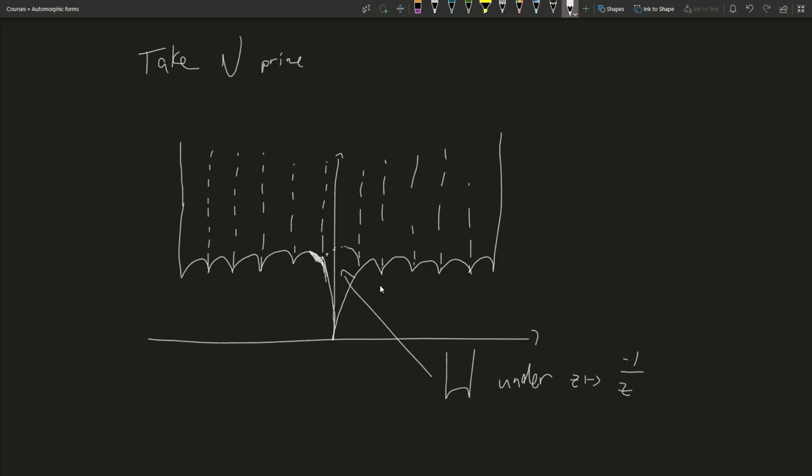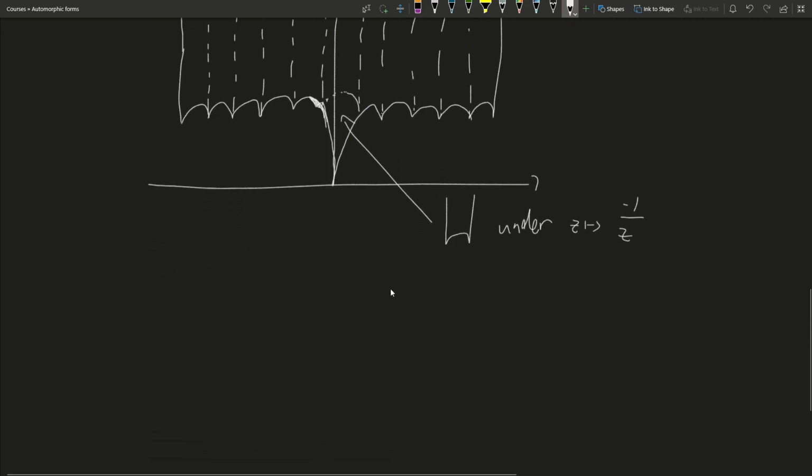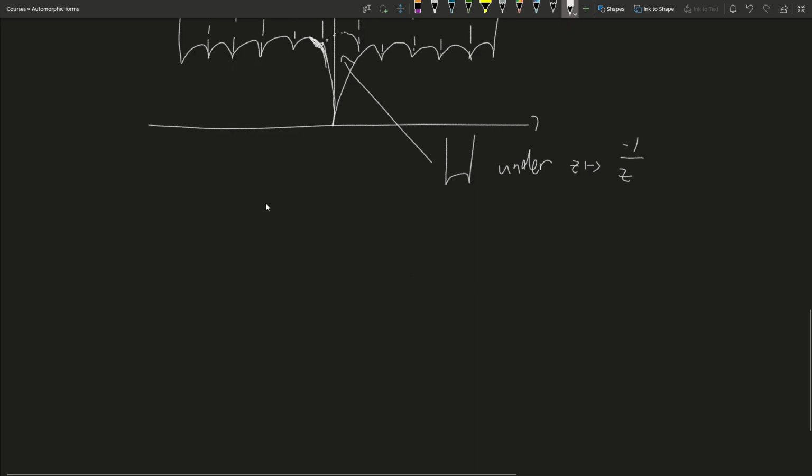And sometimes it's useful to have a specific representation to work with. And so this works when n is prime. This is figure 2 in the paper if you want to check it out and get more details on exactly what this fundamental domain is. And you'll notice that there's a cusp here.